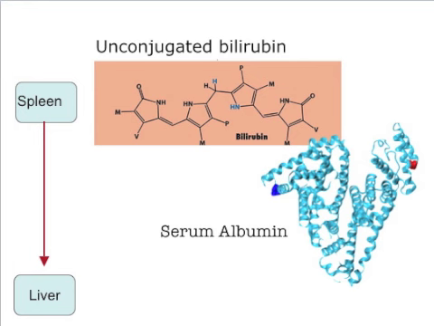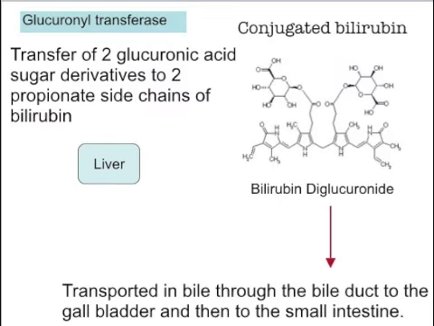Bilirubin then is bound by serum albumin for transport in the bloodstream to the liver. Once in the liver, glucuronyl transferase transfers two molecules of glucuronic acid to two propionate side chains to form bilirubin diglucuronide. This is conjugated bilirubin.